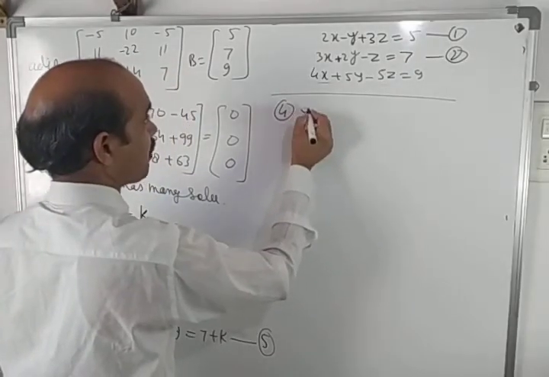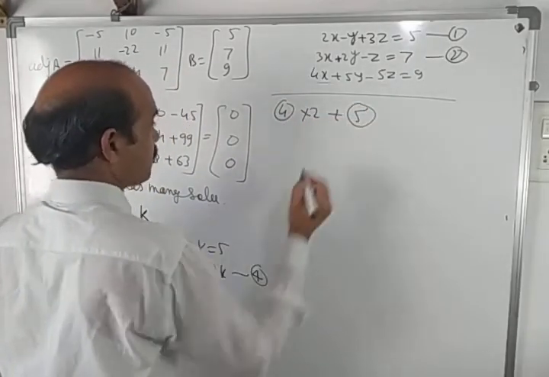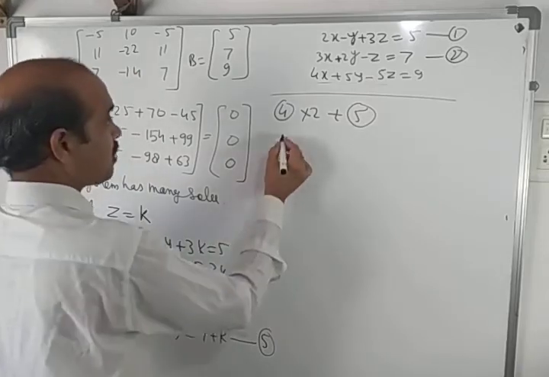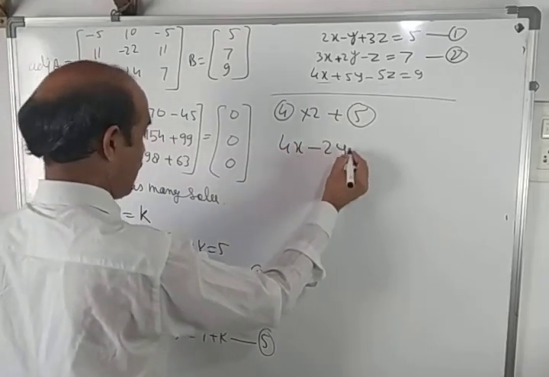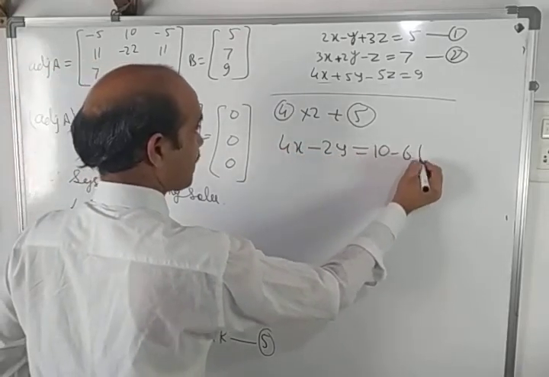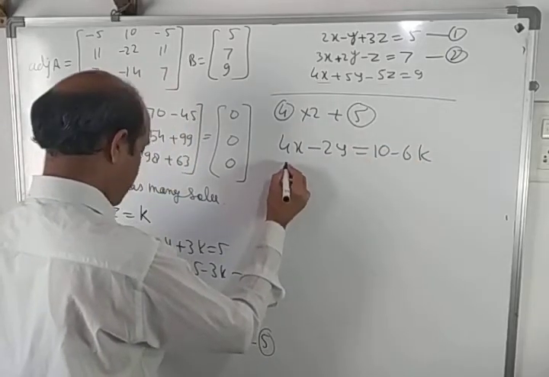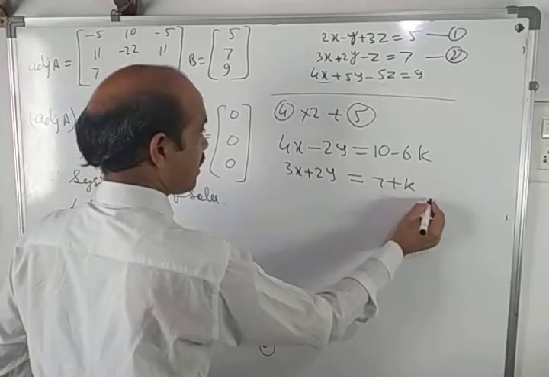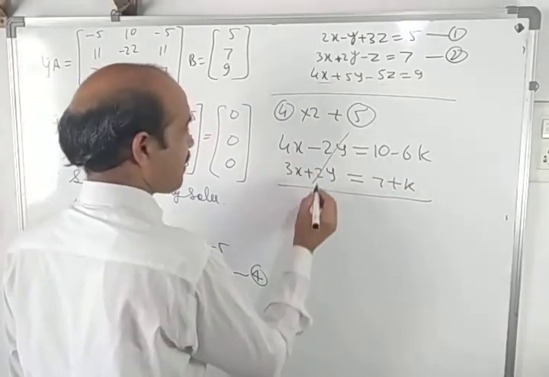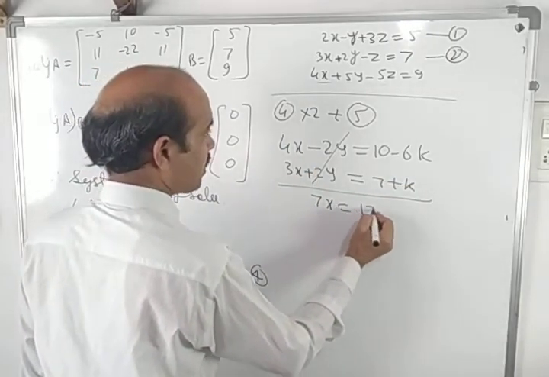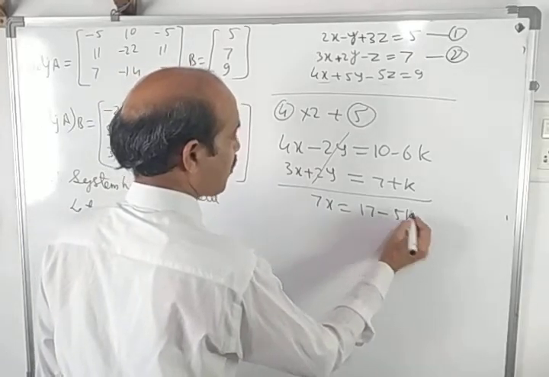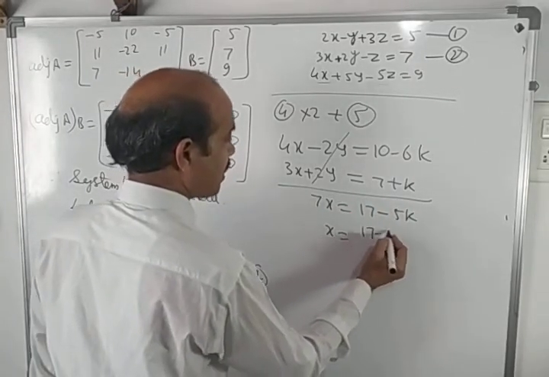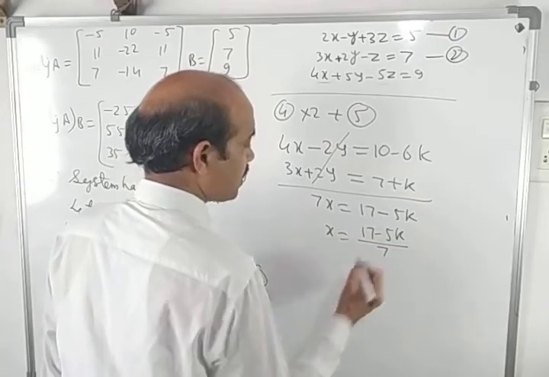So 4x minus 2y equal to 10 minus 6k, and 3x plus 2y is 7 plus k. This is cancelling. 7x equal to 17 minus 5k.